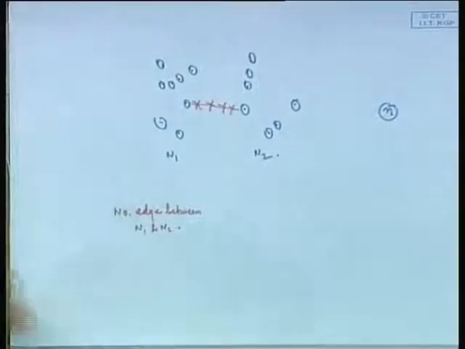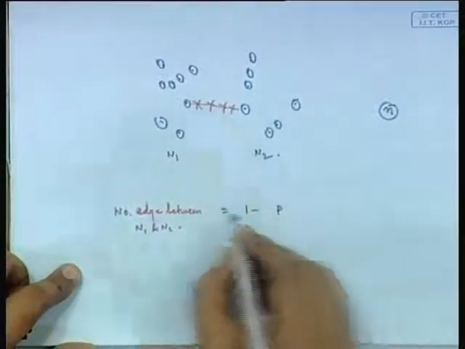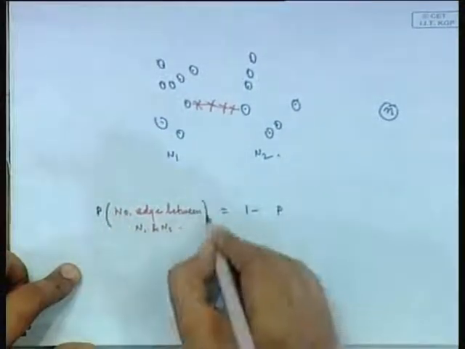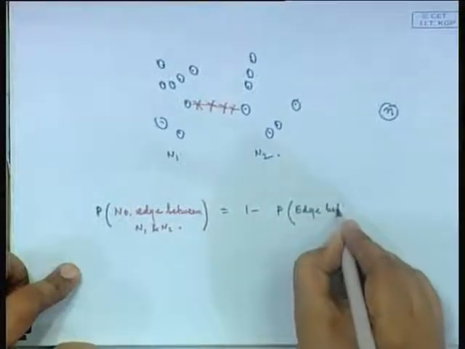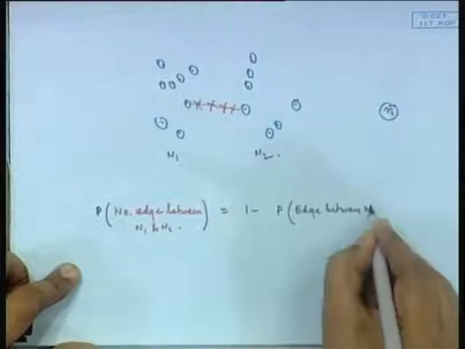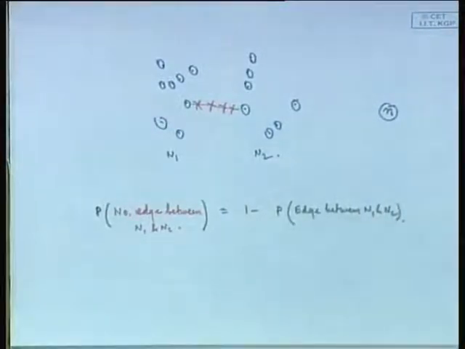So, that means 1 minus the probability of an edge between n1 and n2.